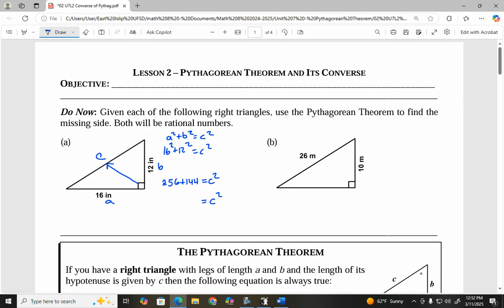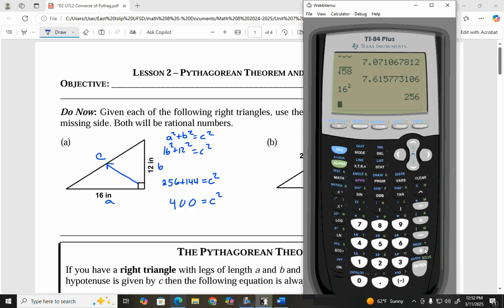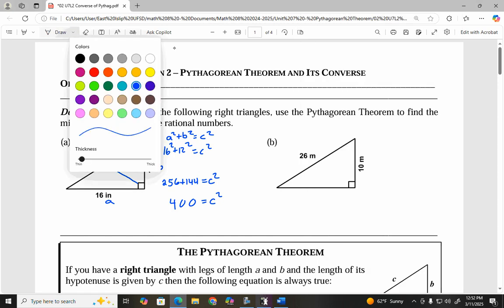When I add 256 to 144, I think I get 400. I'm going to double check myself. Yep. And then we have to do the square root of 400, which is 20.